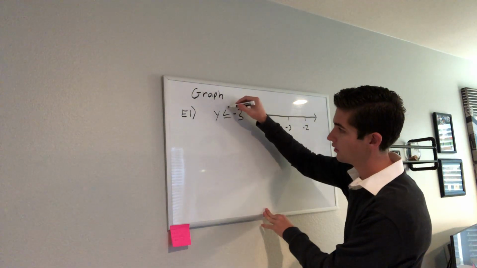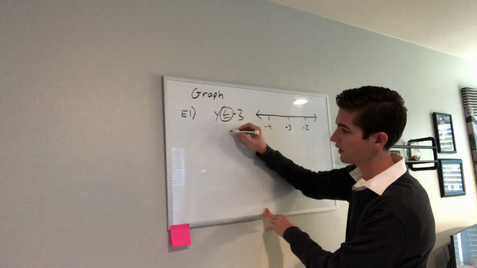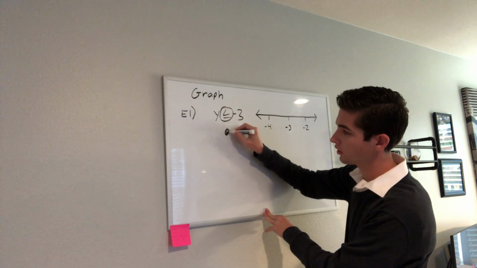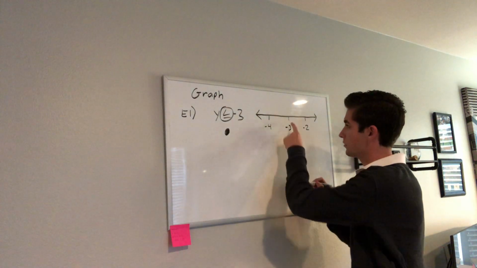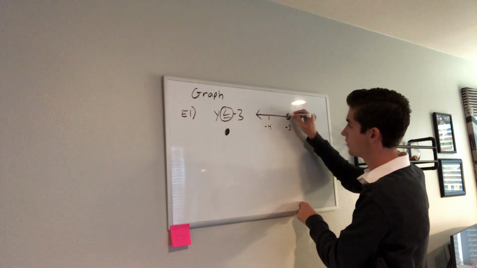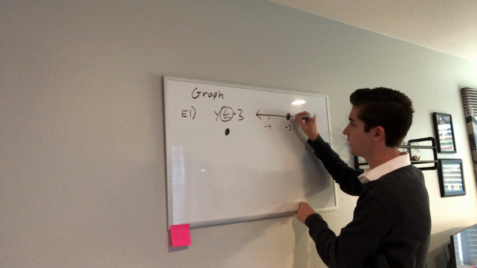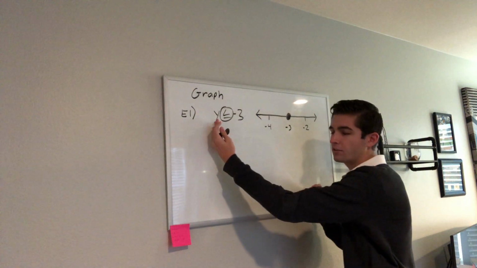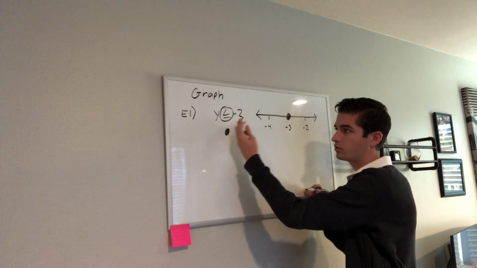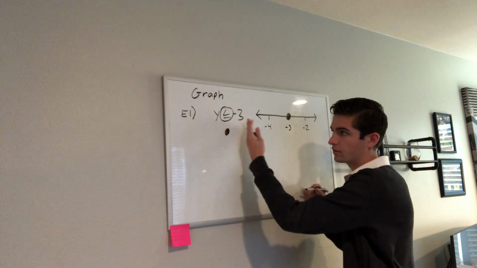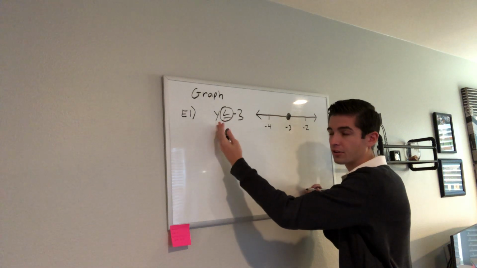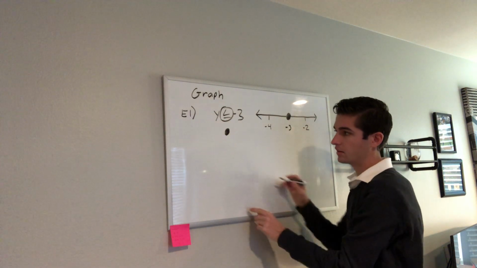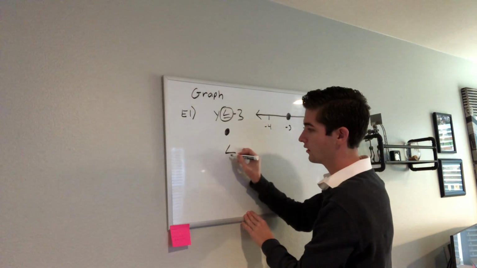So, the point here, we know it's going to have to be a closed dot. So we're going to have a closed dot on -3. And if y is the first in our inequality, it kind of makes an arrow. So the arrow is going this way.